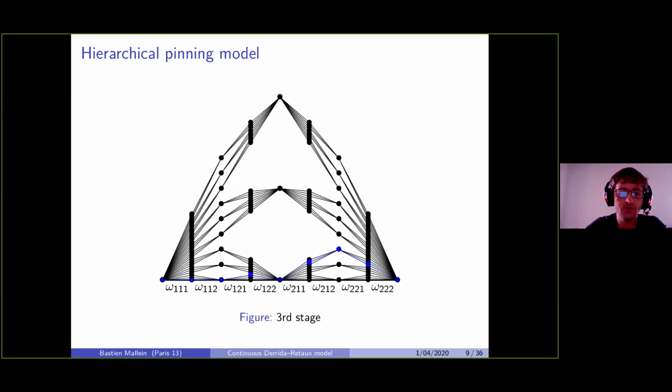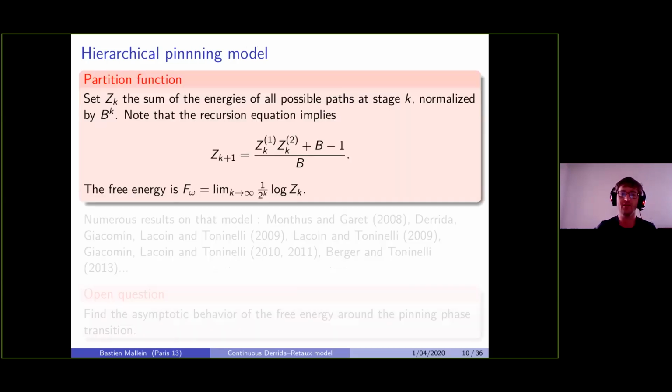Due to this nice hierarchical structure, you get the following recursion equation for the free energy of the process. Zk is the sum of the exponential of the energies of all paths at stage k, normalized by b to the k.